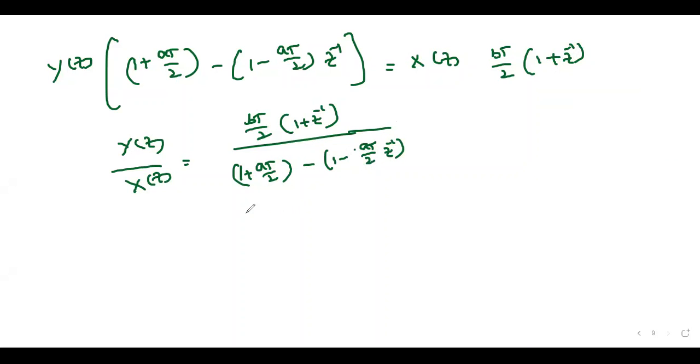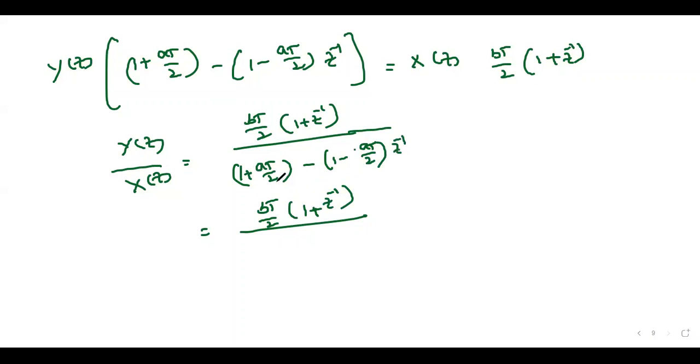Okay, now I can again simplify this. aT by 2 I can take common, so I can simplify it further. It is 1 plus z inverse, denominator 1. Sir, the z inverse is whole for 1 minus aT by 2, no, sir? Correct, that's what I'm feeling. Minus 1 plus 1 is cancelling. Okay, this is z inverse for whole.